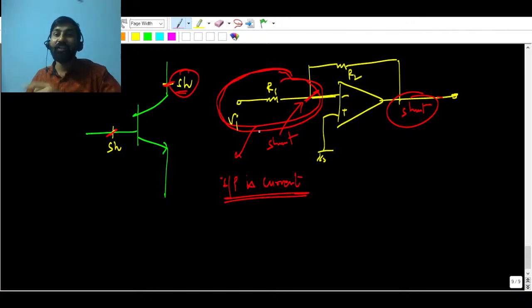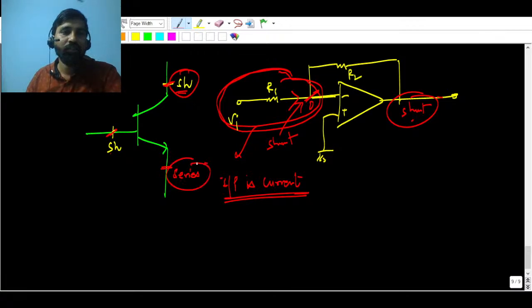Remember this, input here is current. You might be thinking that the voltage is given, but input is current. How? Because the virtual ground concept you can apply, so this will give you the constant current. Shunt. And this is going to be the series terminal. As far as the feedback is concerned, the resistance is connected here.